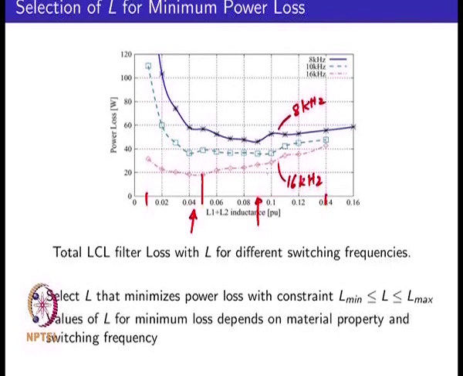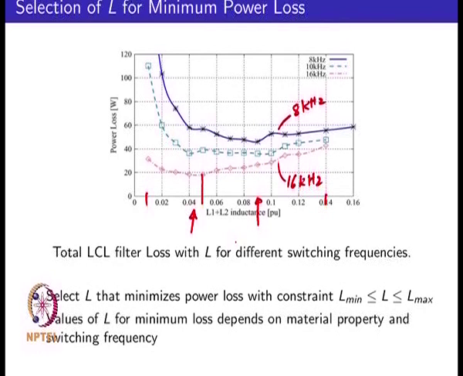At around 8 kilohertz switching frequency, the minimum loss point shifts up to a larger value of inductance. So, this is what you naturally expect. If your switching frequency is low, you need a higher value of inductance in your filter, and if your switching frequency is high, you need a lower value of inductance in your filter.